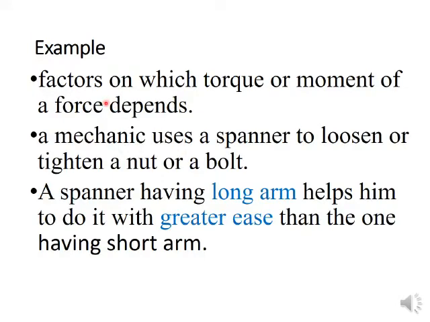Let us consider factors on which torque or moment of force depends. You might have seen that a mechanic uses a spanner to loosen or tighten a nut or a bolt. The spanner having a long arm helps him to do it with greater ease than the one having a shorter arm.